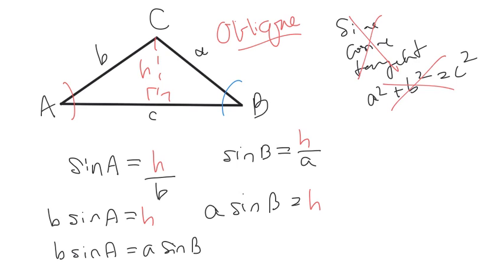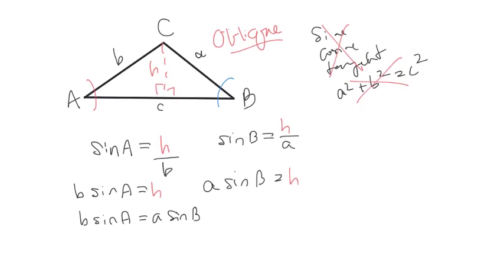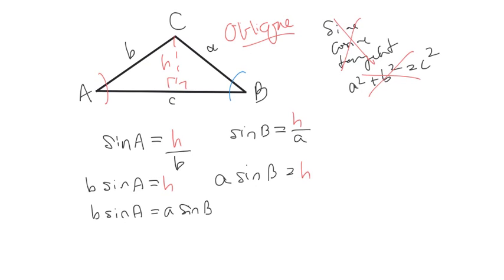So what I'm going to do here is cast this in terms of a ratio, meaning I'm going to get my sides on one side and my sines on the other side. So I'm going to write B divided by A equals sine of B divided by sine of A. Okay?